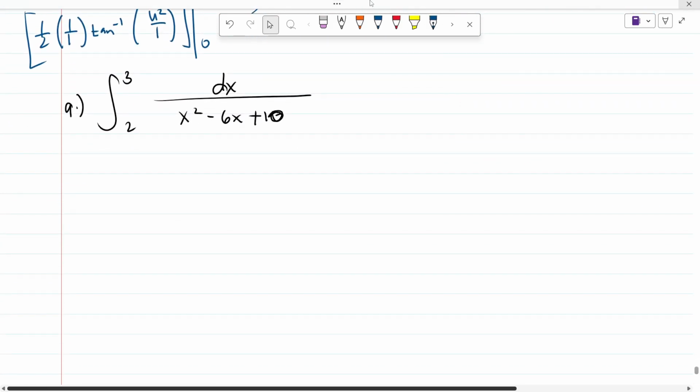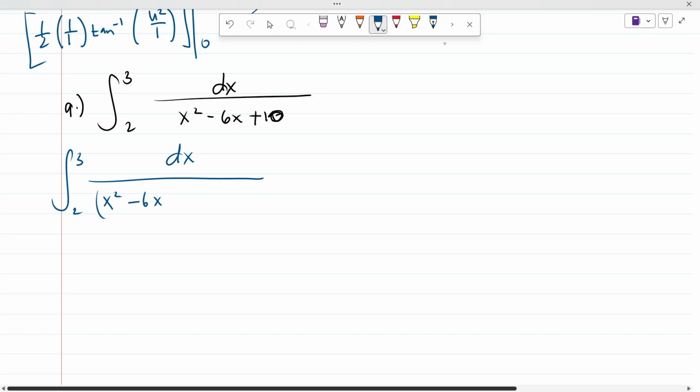Next, number 6. So, this will be a completing the square, guys. So, paano ba mag-completing the square, guys? 3, 2, dx, x squared minus 6x plus 10 plus, so, ito yun, guys, b all over 2 then squared.